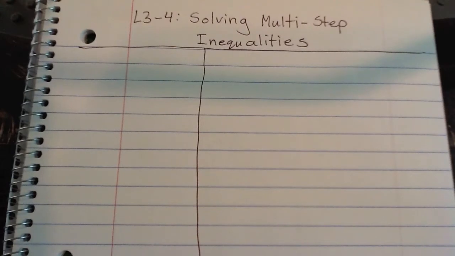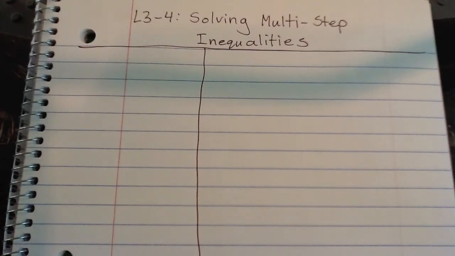In lesson 3.4, we're basically taking lessons 3.2 and 3.3 and just combining them. So once again, you're going to use the same exact rules you learned when you were solving equations, and the only thing that you're going to add to it is the rule that you learned about multiplying and dividing by negative numbers with the inequalities.